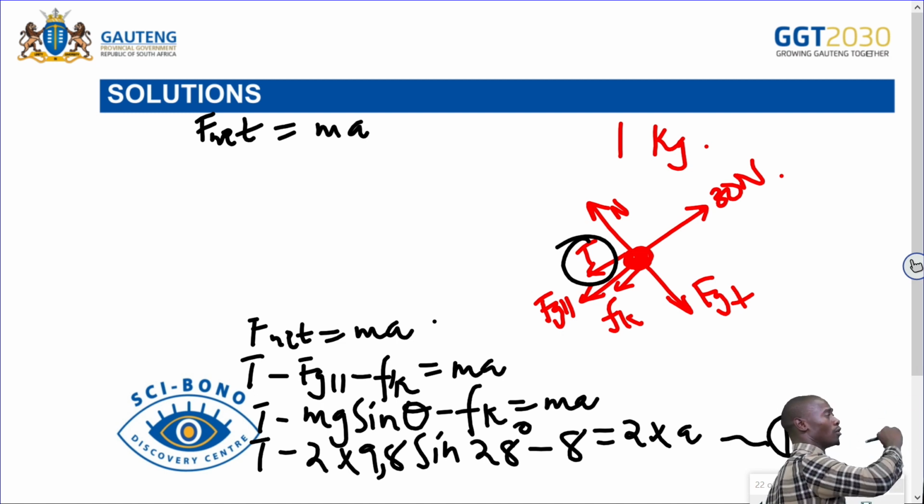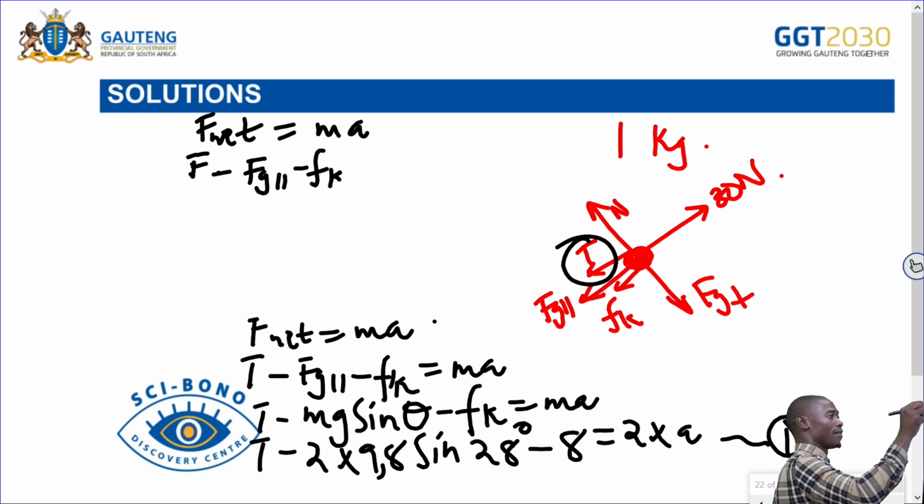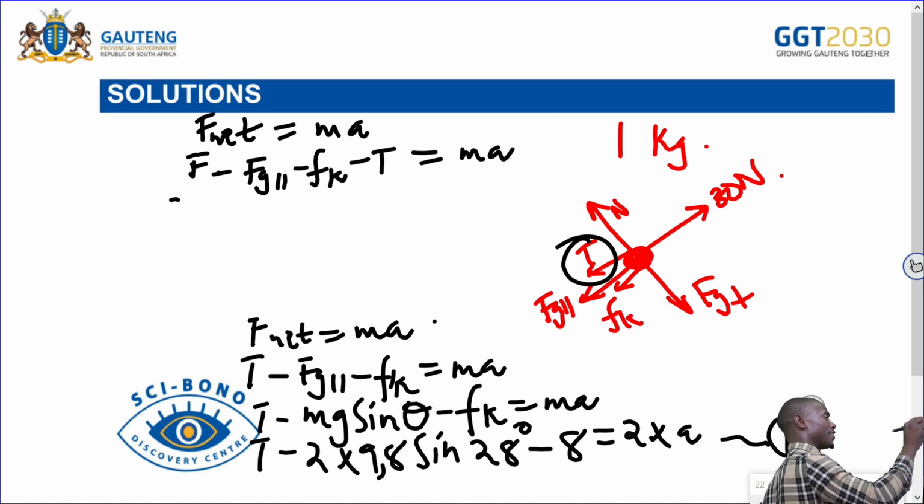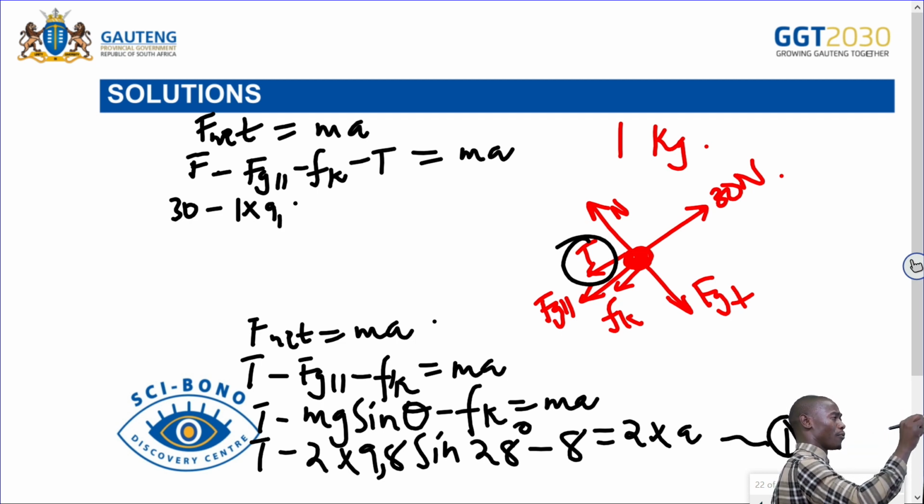Okay, so it will be the F, which is 30, minus the Fg parallel, minus Fk, minus tension equals to ma. So F is 30 minus mg sine theta, which is going to be 1 times 9.8.